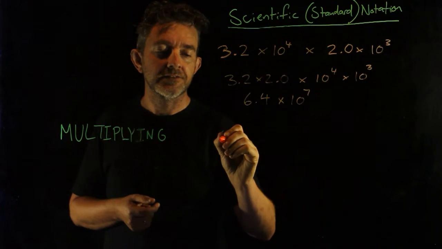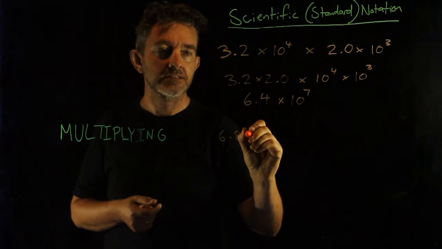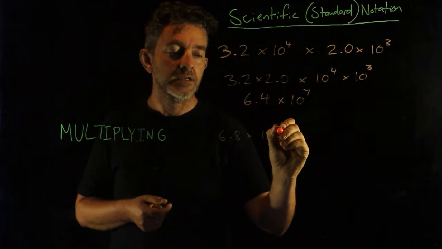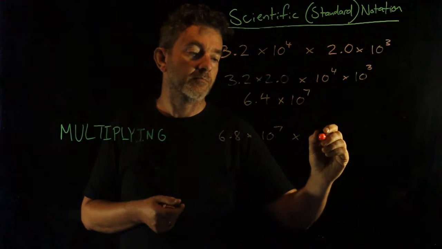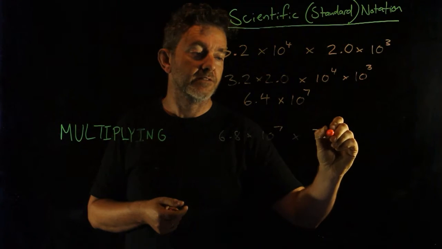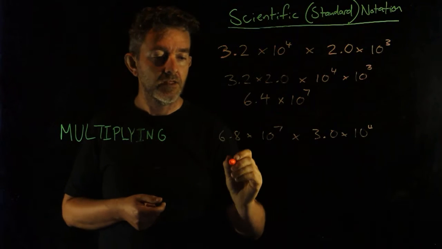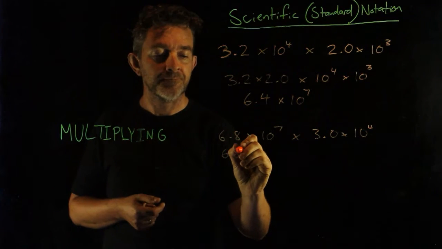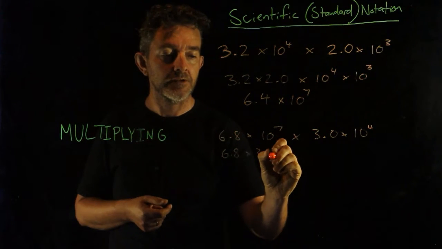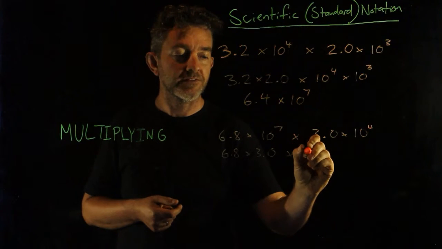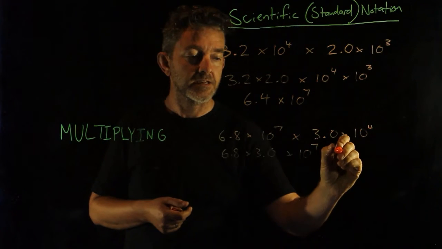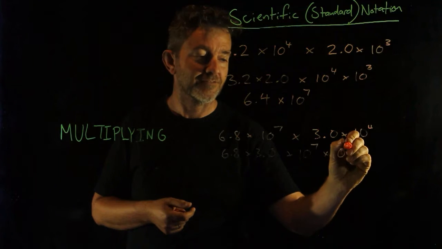If I had 6.8 times 10 to the 7 times 3.0 times 10 to the 4 and I multiply them together, I'd have 6.8 times 3.0 times 10 to the power of 7 times 10 to the power of 4.